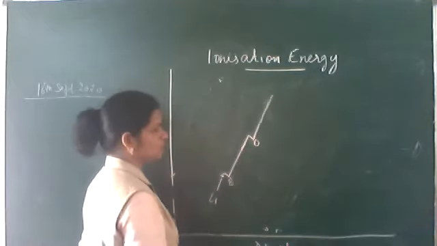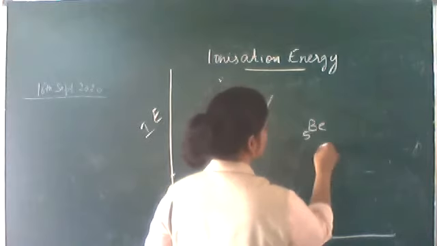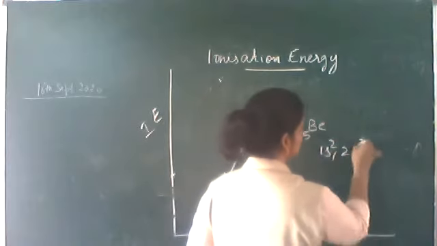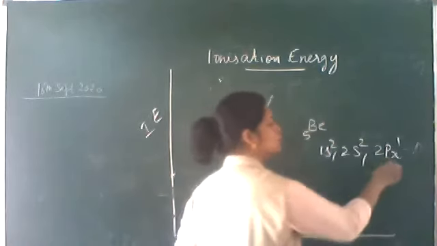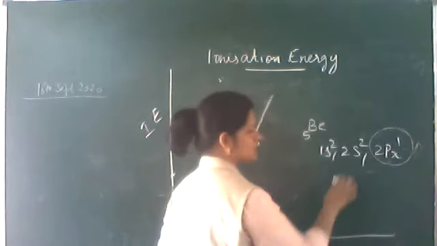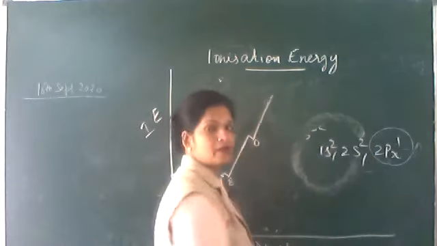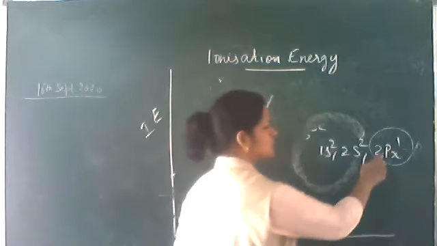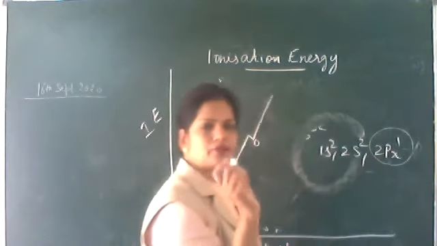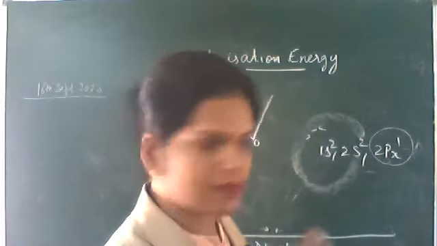What is the case of boron? Boron, atomic number 5, 1s2, 2s2, 2px1. This one 2p electron is very well shielded by the spherically symmetrical inner 2s orbital. So it is not very well attracted by the nuclear force of attraction.